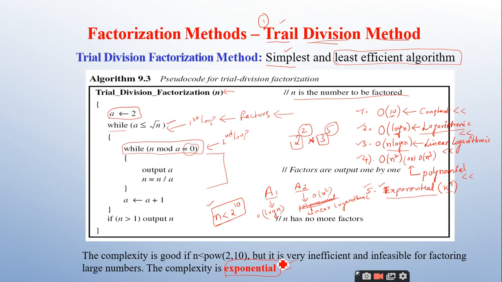No. For just a trial and error method, to get some idea on factorization, we can make use of this. Nothing wrong in it, but you cannot use it for cryptographic algorithms. Why? Because cryptographic algorithms require much more efficient algorithms, with time complexity that is logarithmic or linear logarithmic. Even polynomial is accepted. Clear?